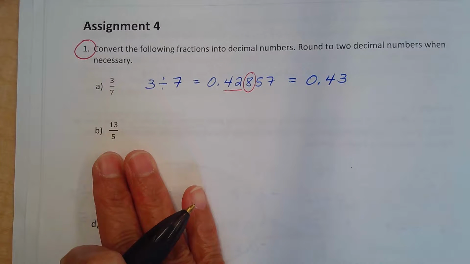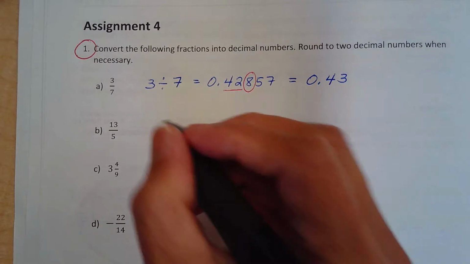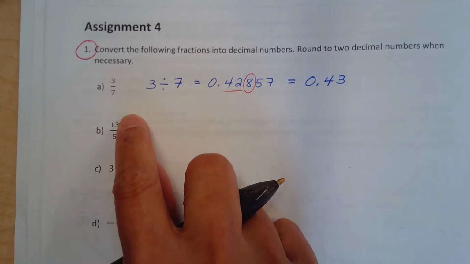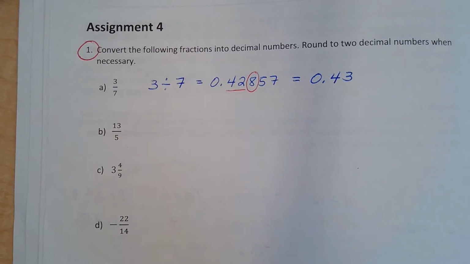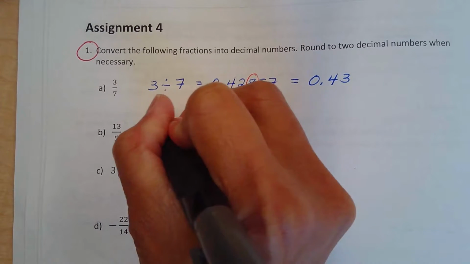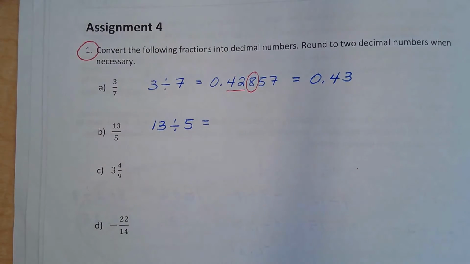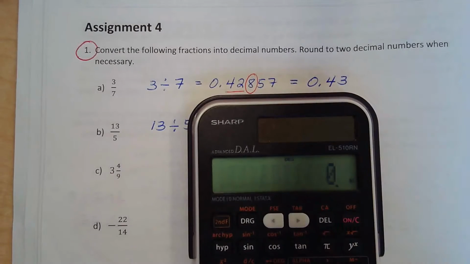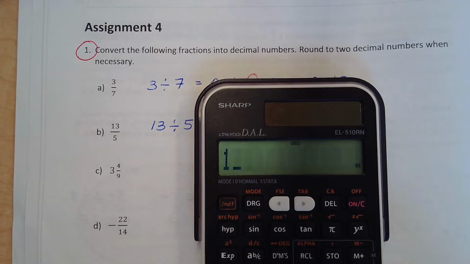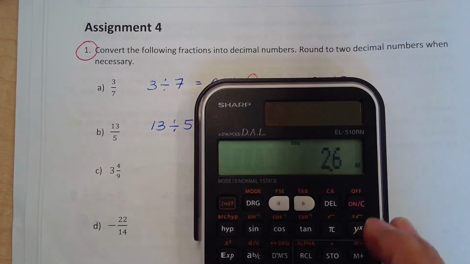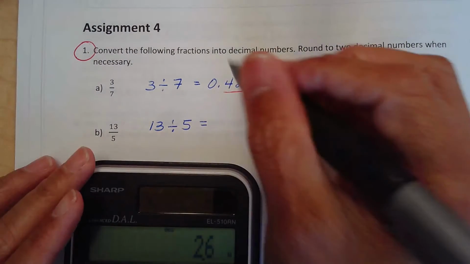What about the letter B? Same thing, 13 out of 5. 13 over 5. So 13 divided by 5. We're going to get 2.6.